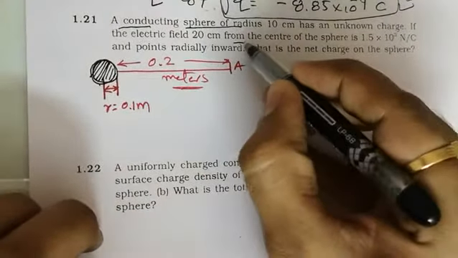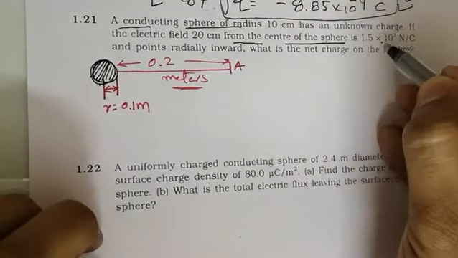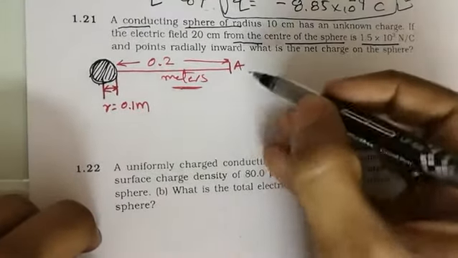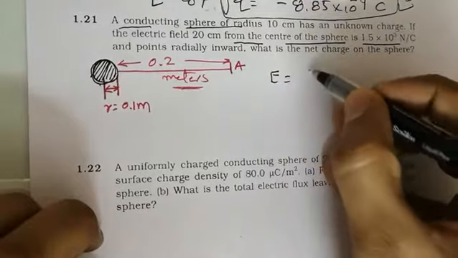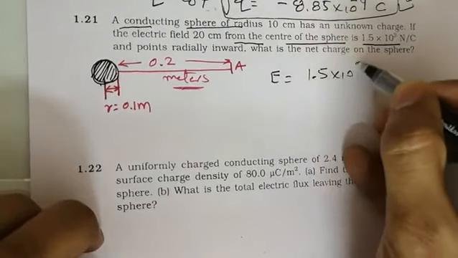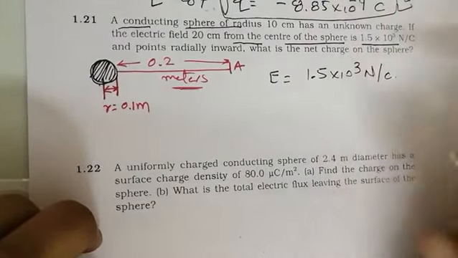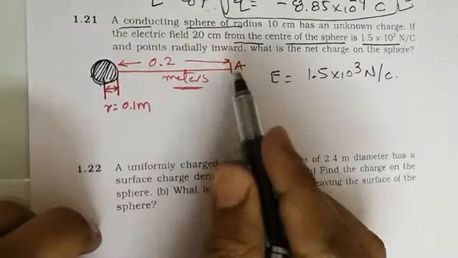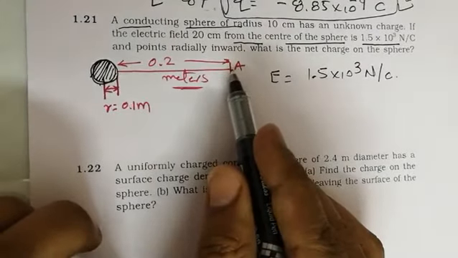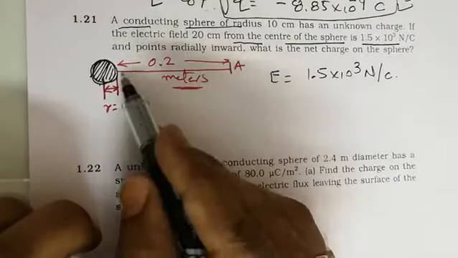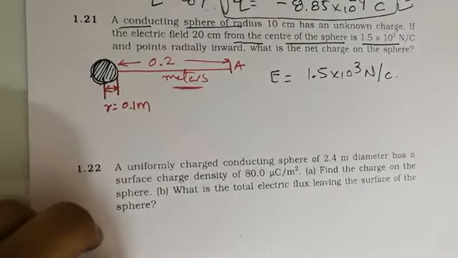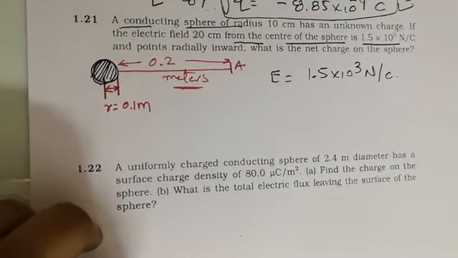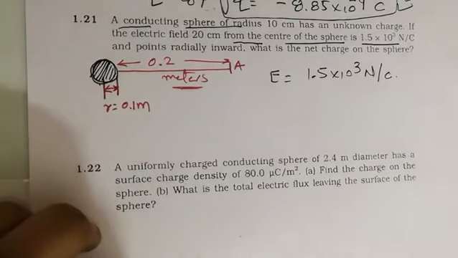From the center of the sphere, our electric field E is 1.5 times 10 to the power 3 newton per coulomb. This distance is 20 centimeters, meaning 0.2 meters, and this radius is 10 centimeters, meaning 0.1 meter. We have to find the charge value.